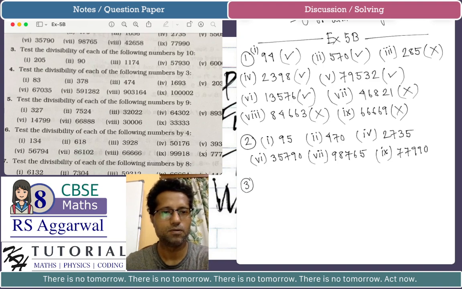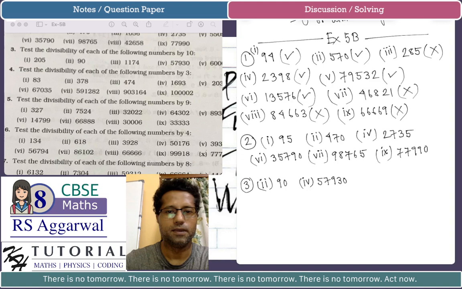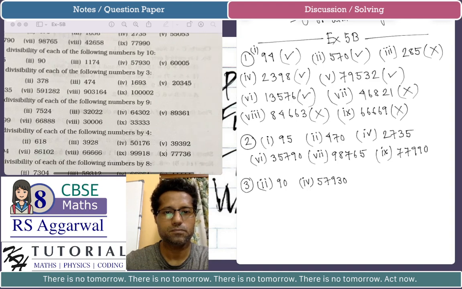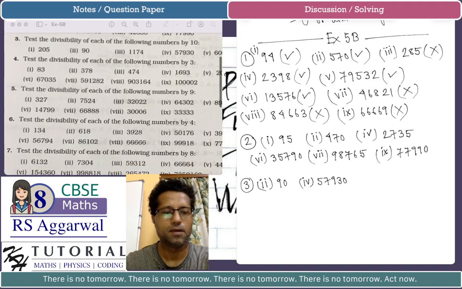So I am listing down the numbers which are divisible by 10. We have 90, we have 5, 7, 9, 3, 0. Only 2 numbers are divisible by 10.